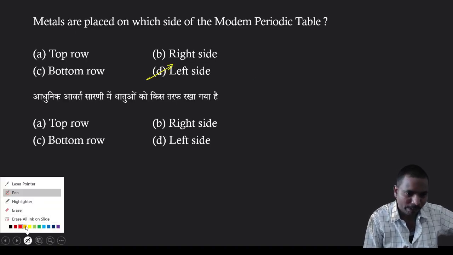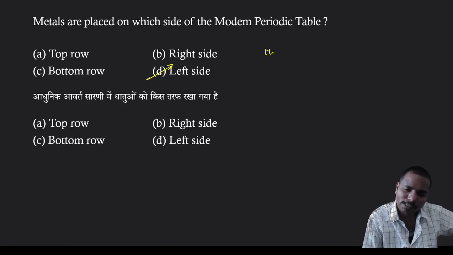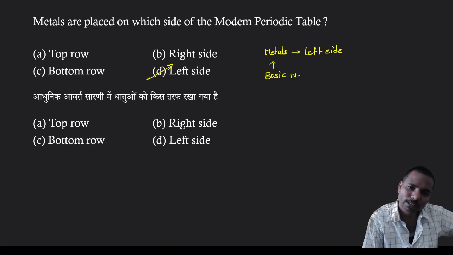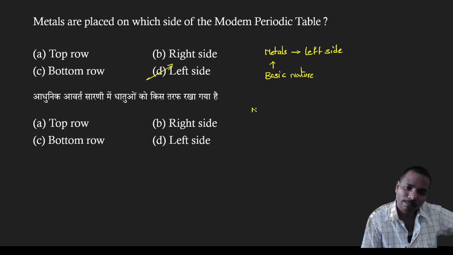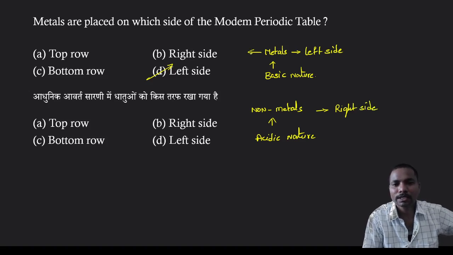Here is a very important point, guys. Metals are on the left side, and metals are basic in nature. Non-metals are acidic in nature, so these are on the right side. Metals are generally, let us take calcium plus 2, sodium plus 1, magnesium plus 2.